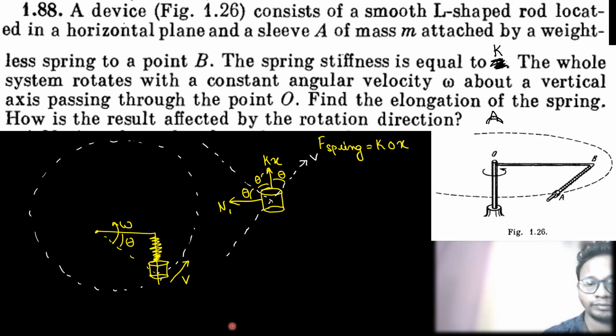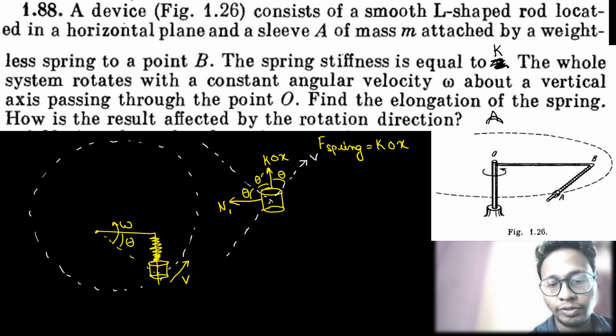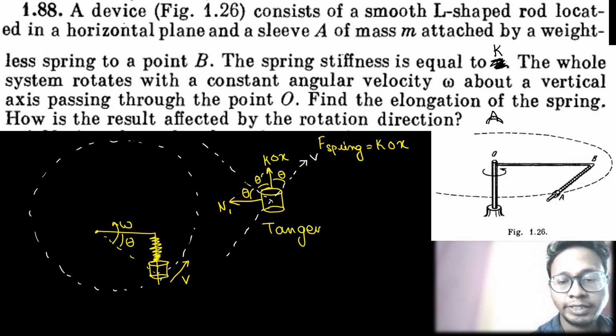Now you have to find out the value of delta x. So out here, k into delta x. We know that the tangential component of acceleration is equal to 0. So what is the tangential component? First we'll draw the tangential component of forces.